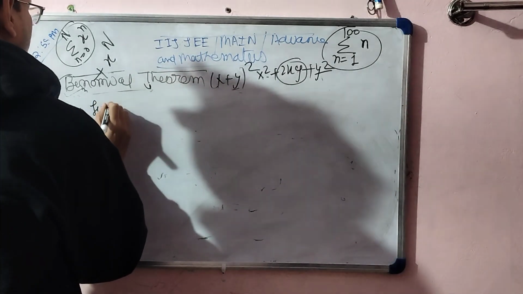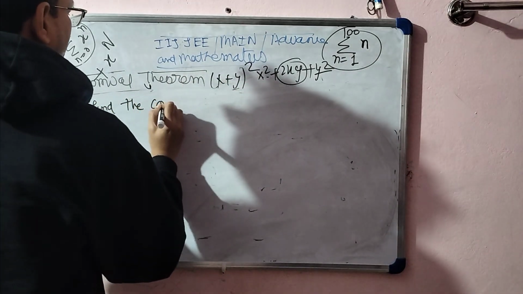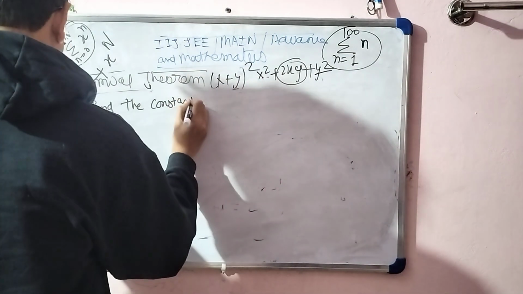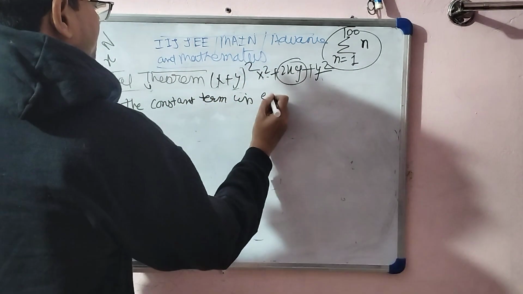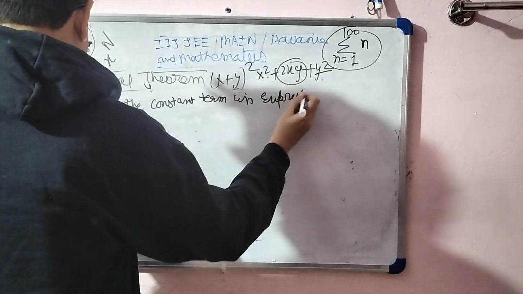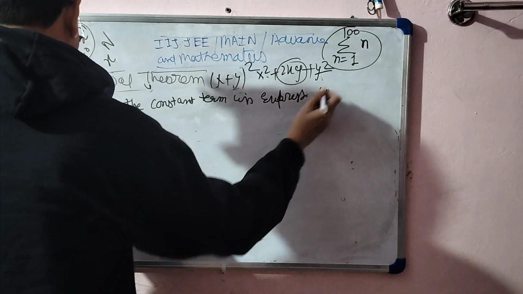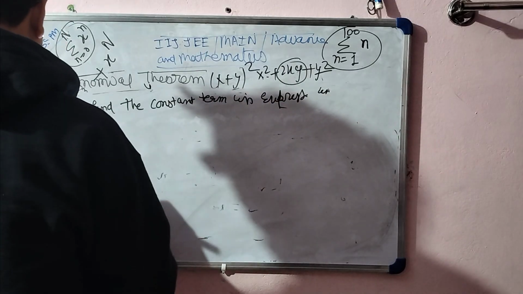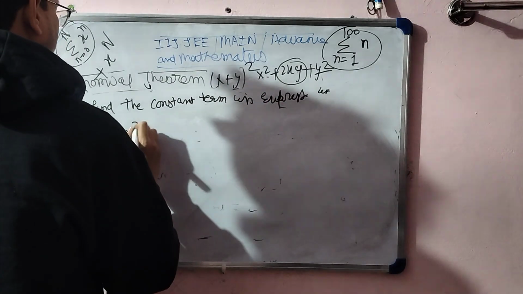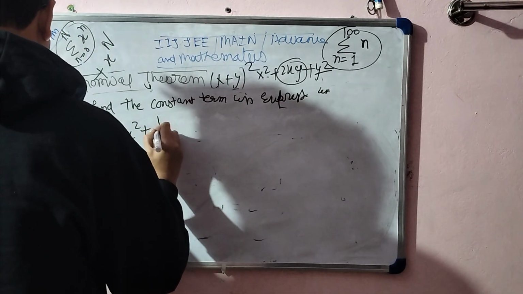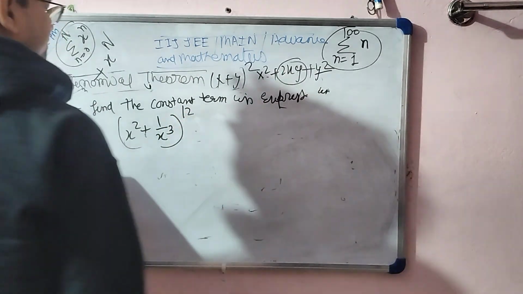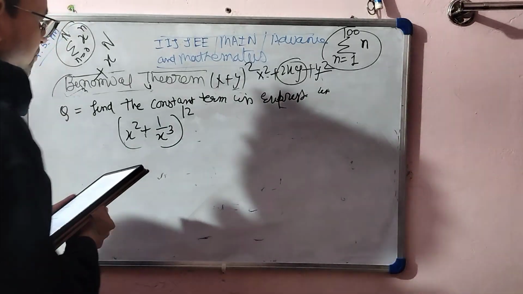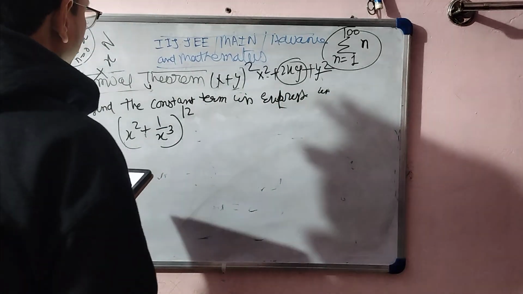So this question is: find the constant term in the expansion of (x square plus 1 upon x cube) to the power 12. How can we solve that?